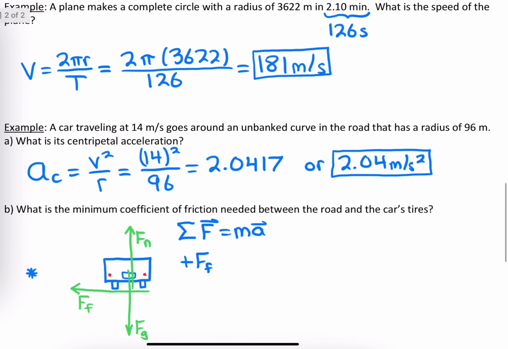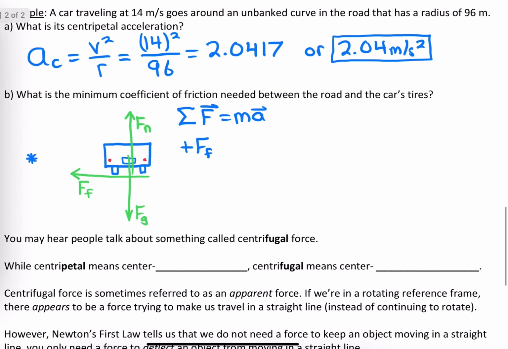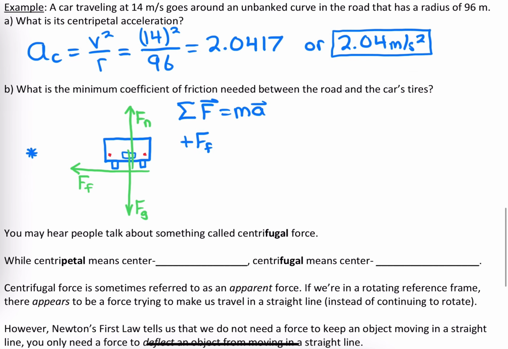So we're just going to say towards the center is positive and away from the center is negative. So friction, because it's towards the center, is going to be a positive force. And the acceleration of the car, we also found, was that number, or rather this one. And it was also a centripetal acceleration, so it was towards the center as well. It was also a positive number.